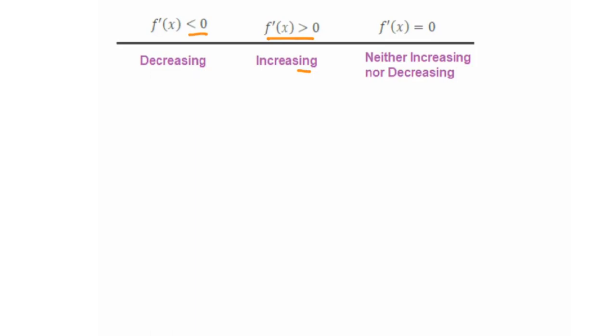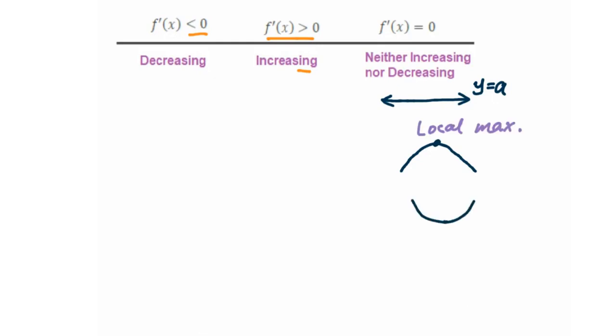Therefore, what kind of graph is not increasing, not decreasing? We know that's a horizontal line. For y equals a, it's not increasing, not decreasing. And also it's where you have a local maximum point, or you have a local minimum point.